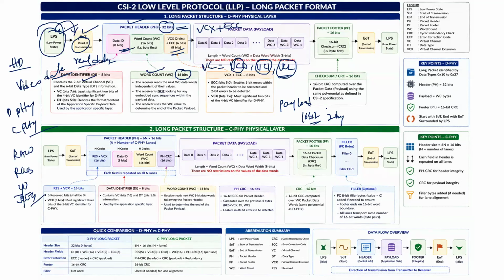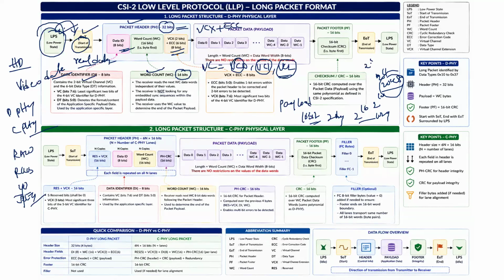So 16 bits means that is the capability we are transferring the data. 2 power 16, right? That is huge data. 2 power 10 means 1024, and 2 power 11 means 2048. And then 5 bits of data remaining.